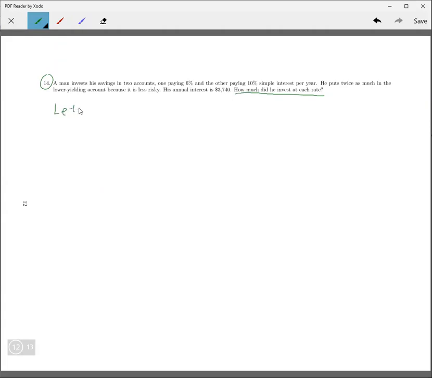So we're going to let X be the amount that's invested at 6%, and we'll let Y equal the amount at 10%. Okay, now let's dissect this. This is the easiest statement right here to find the equation for.